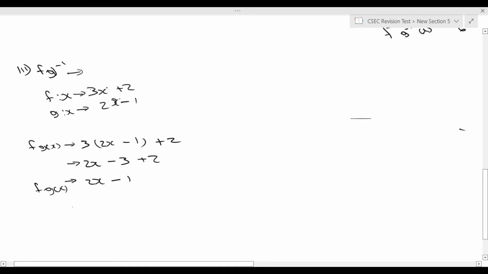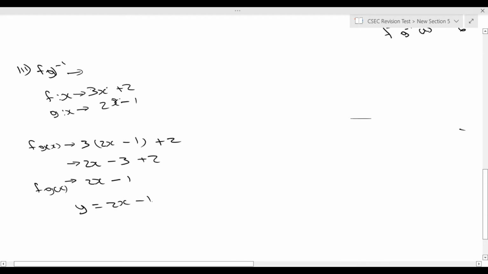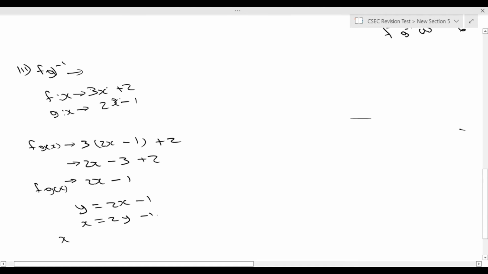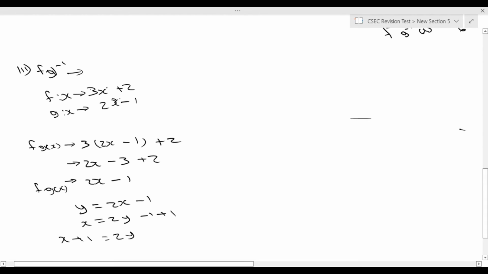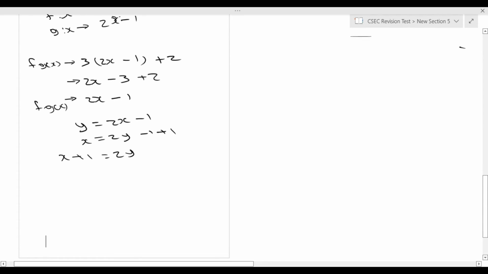So to inverse this, we define y is equal to 2x minus 1. Interchange the letters: x equal to 2y minus 1. So we add 1, equal to 2y.